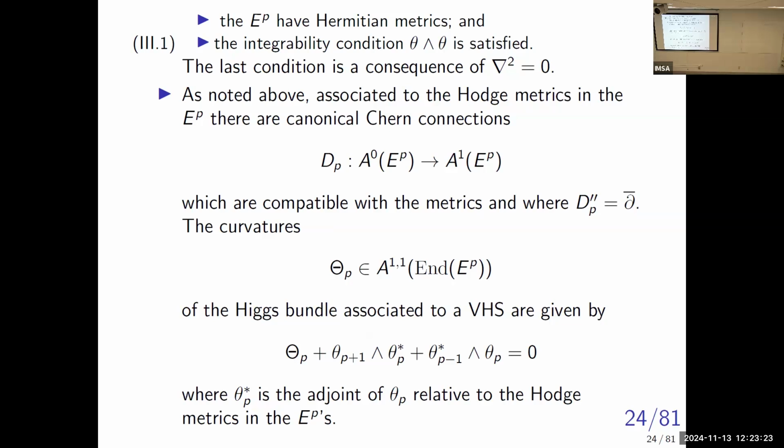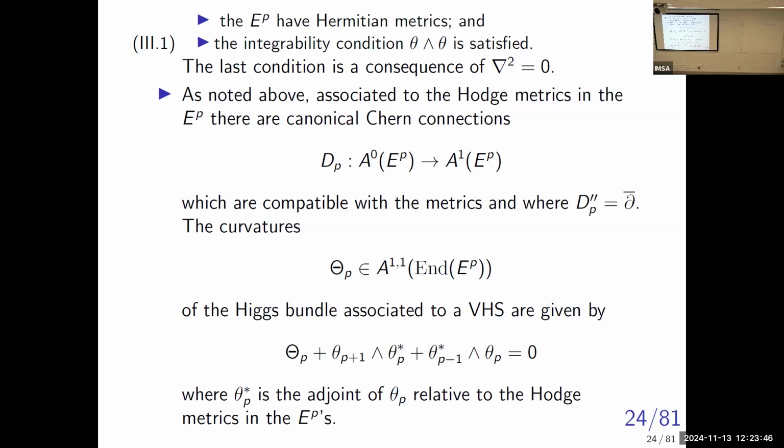Curvatures are 1,1 forms with values in the endomorphisms, matrix-valued 1,1 forms. And this is the formula for the curvature. It's the sum of the maps induced by Gauss-Manin going in two directions.